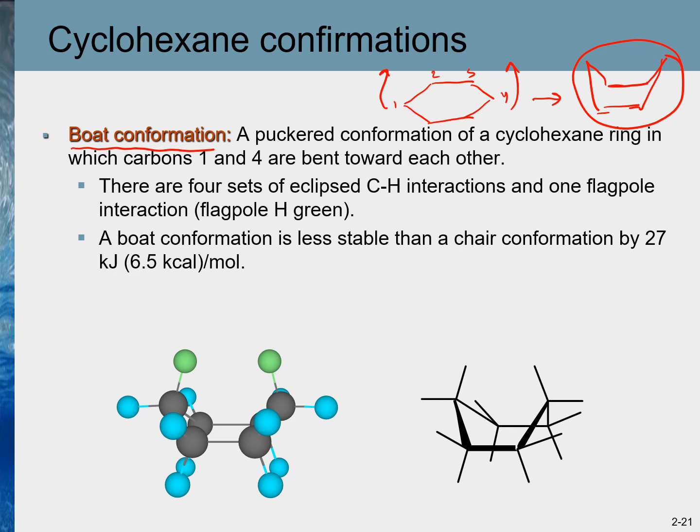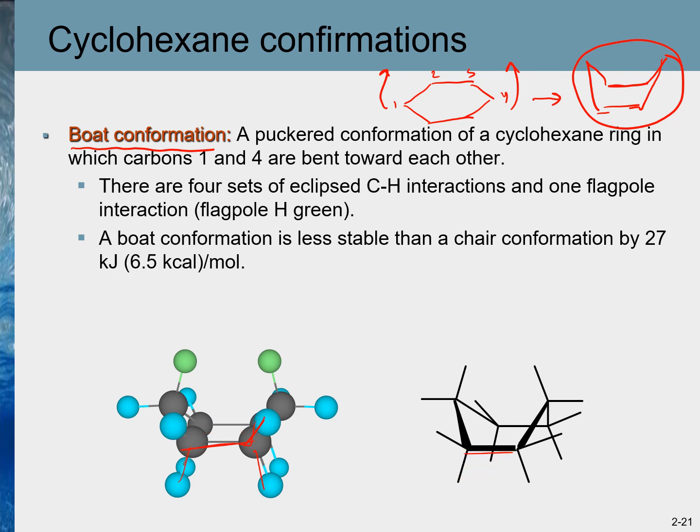A boat conformation is considerably less stable than the chair conformation because of the torsional strain. As you can see, all the carbon hydrogens are now within the same plane, so the dihedral angle is 0. Therefore boat conformation has an excessive amount of torsional strain.